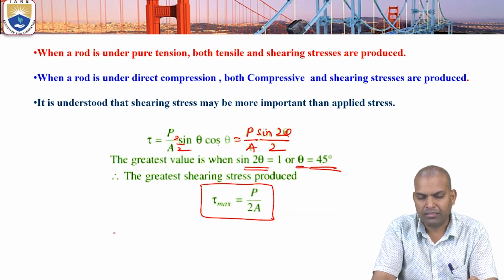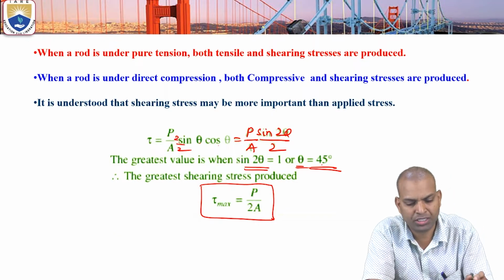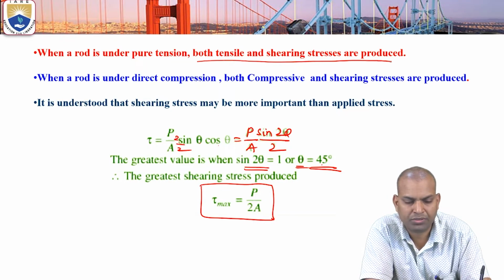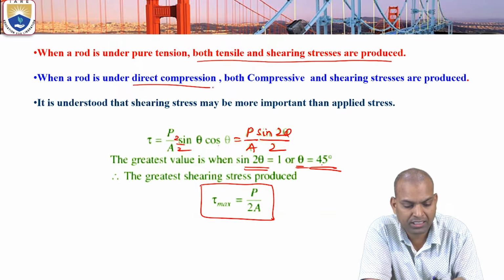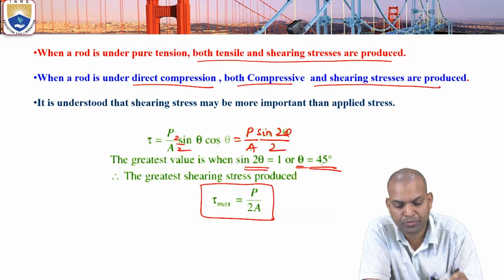Now here again, let me summarize. When the rod is under pure tension, both the tensile and shearing stresses are produced. And when the rod is under compressive load, under direct compression, again both compressive and shearing stresses are produced.